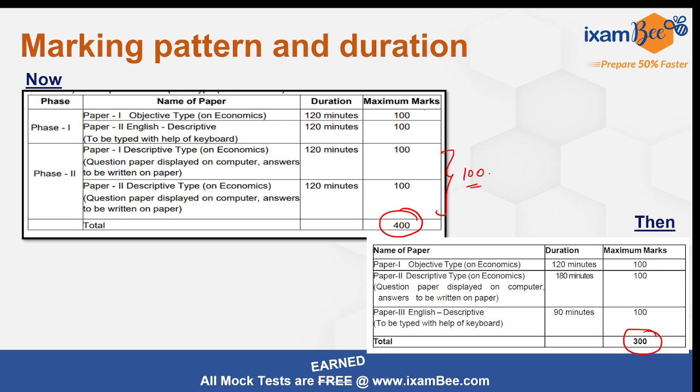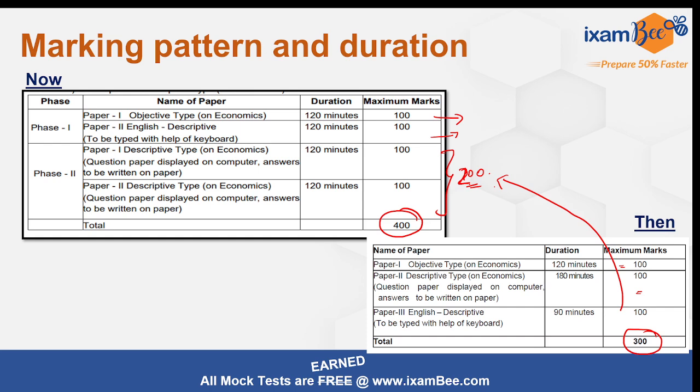You will continue to have an objective paper of 100 marks, as compared to earlier. You will continue to have a 100 marks descriptive English paper, as compared to earlier. However, it has moved to phase 1 rather than phase 2, and your descriptive economics has been widened to 200 marks now from 100 marks initially.